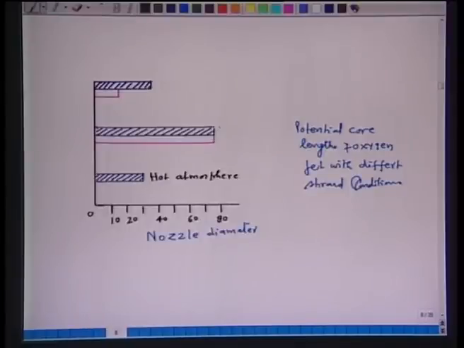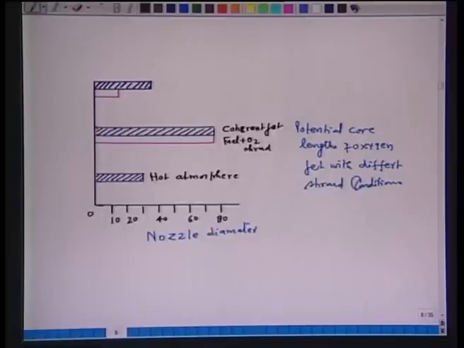Now, here this is a coherent jet, as I explained just in the previous figure. This is a coherent jet, that is fuel plus oxygen shroud. So, you see the length of the potential core is very, very long as compared to when the jet is discharged only in the hot atmosphere.